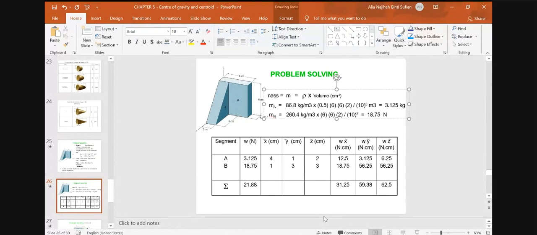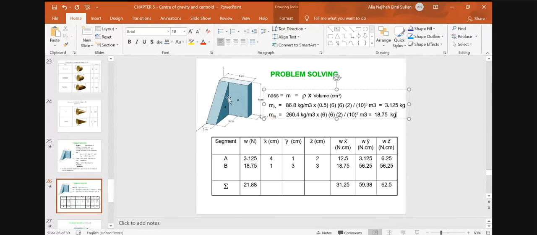Okay, now first let's look at part B, block B there. 260.4 kg per meter cube times the volume. The volume is 6 times 6 times 2, and this is already in meter cube. So we have 18.75 kg.